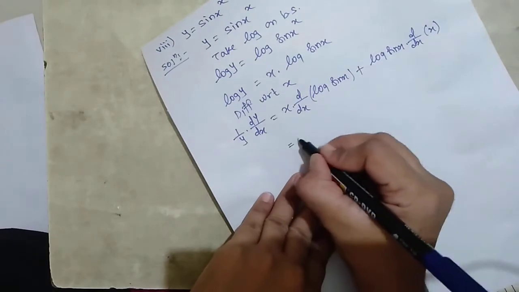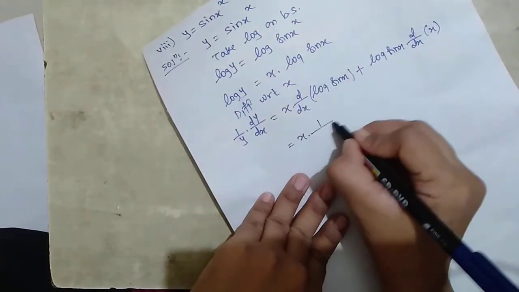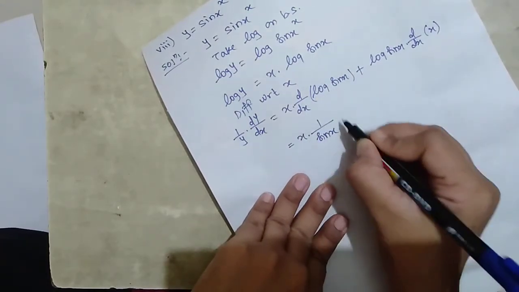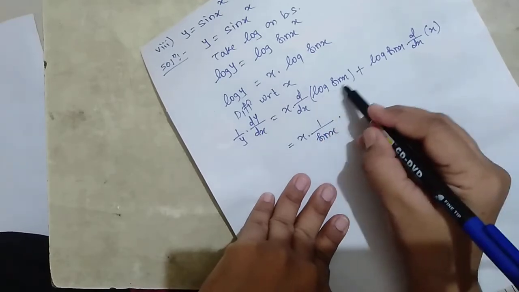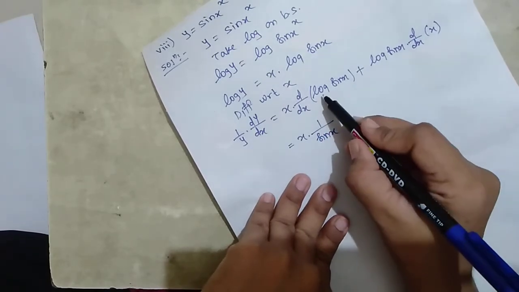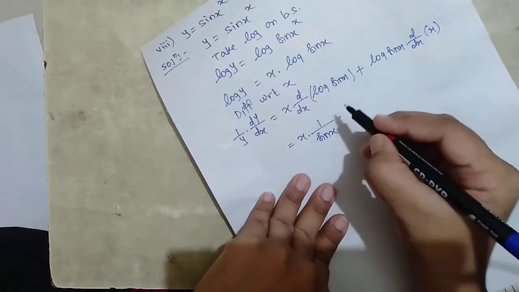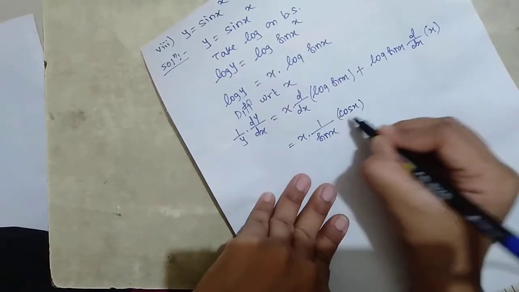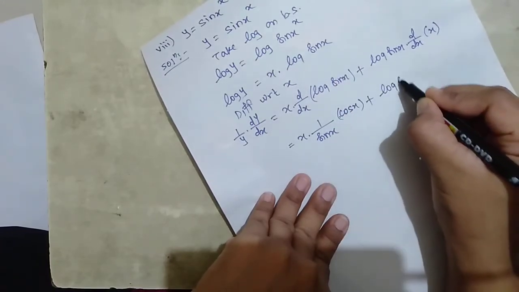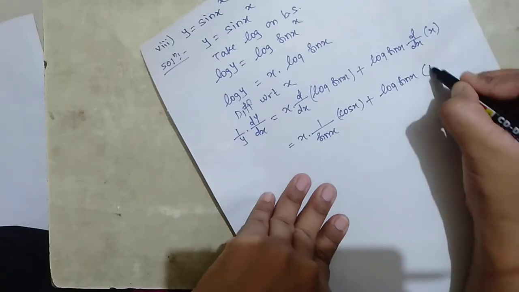So it is equal to x into derivative of log of sin x. See, derivative of log, again it is a composite function of two functions. So derivative of log is 1 upon sin x into derivative of sin x, cos x, plus log of sin x into derivative of x, which is 1.